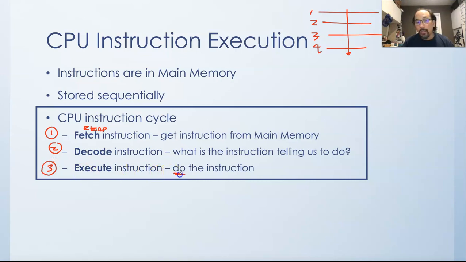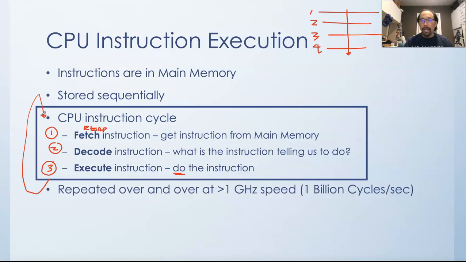We do the instruction. And this repeats over and over and over again very fast at a speed of a gigahertz or beyond. And in all of our CPUs, there's this notion of a clock that is given to the CPU that is telling it to do work.